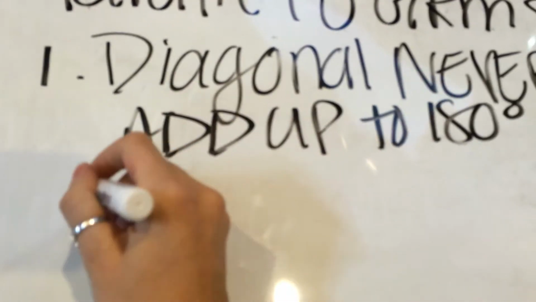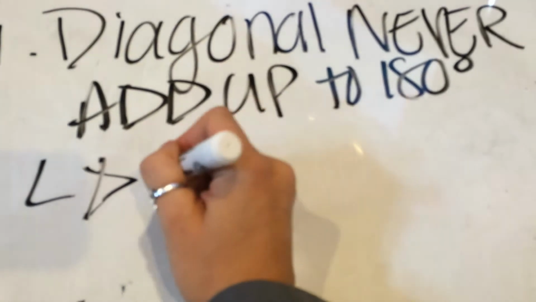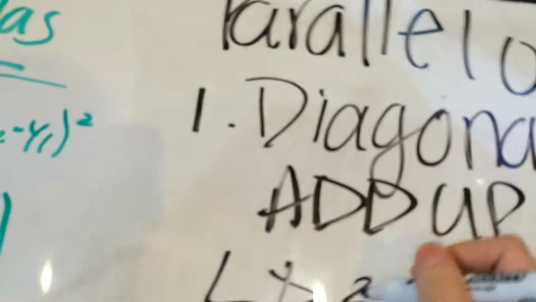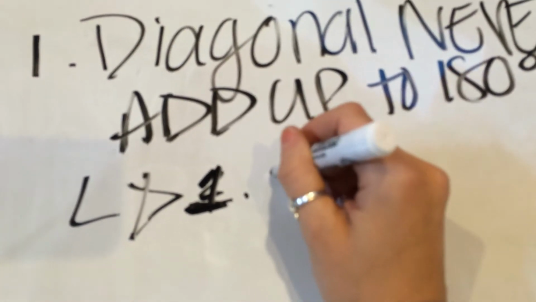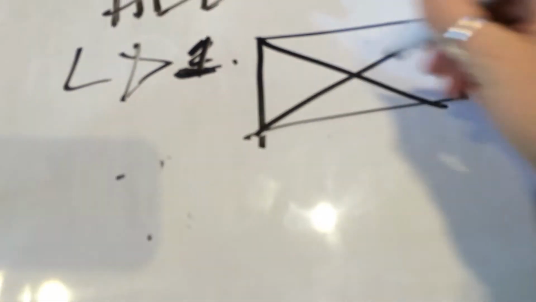Now, if we are given diagonals in a problem, so two types of problems. The first one is saying we have two diagonals bisecting each other. They intersect here. So here's my little parallelogram. Yes, it looks like a square.